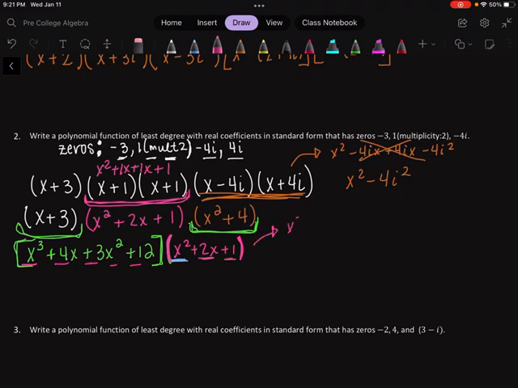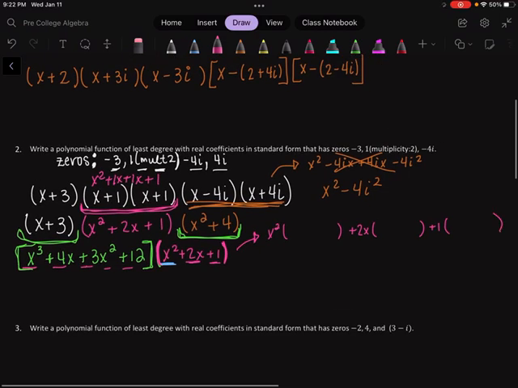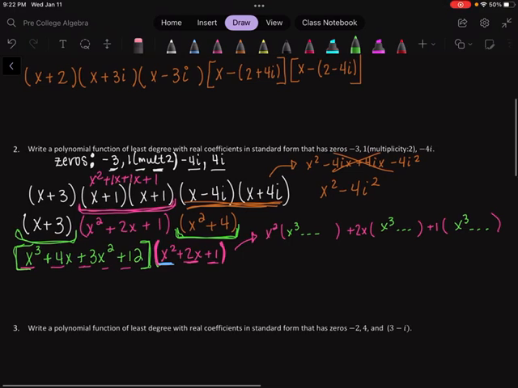I've shown you before that we can do x squared times all that stuff, plus 2x times all that stuff, plus 1 times all that stuff, right? And what I mean by all that stuff is all of the green there, the x cubed and so on. I'm just going to go about it as doing x squared times x to the third.